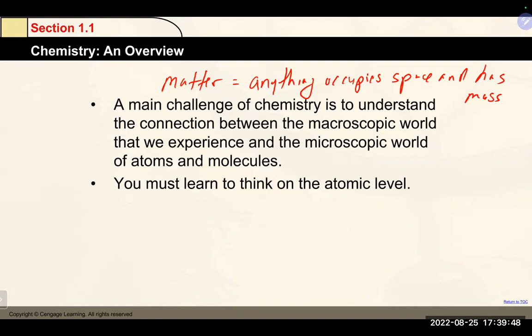A lot of what we look at in chemistry is how matter changes, how it goes through chemical reactions, and how perhaps it resists chemical reactions.